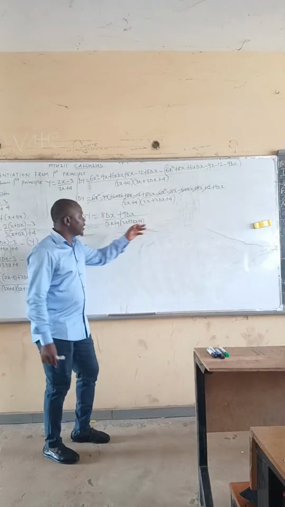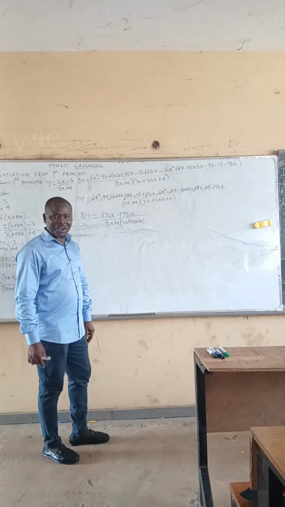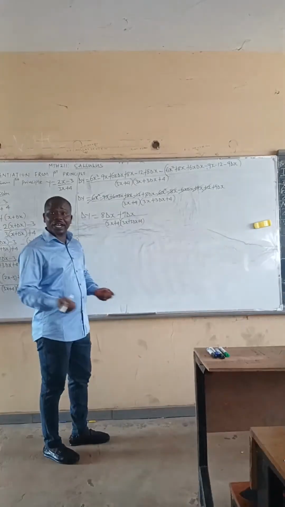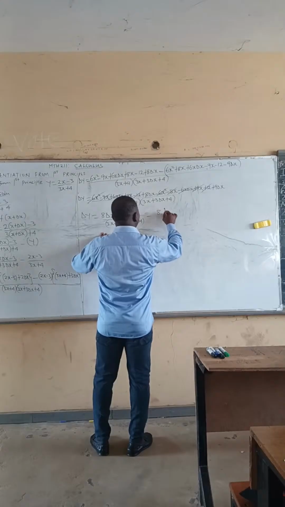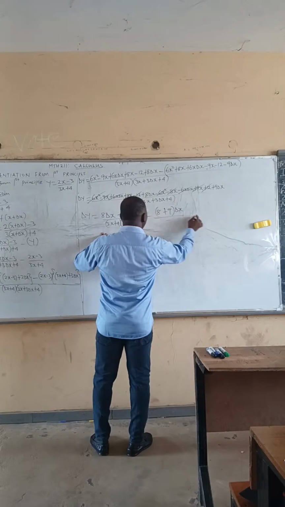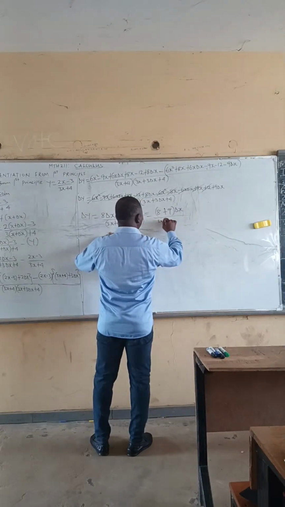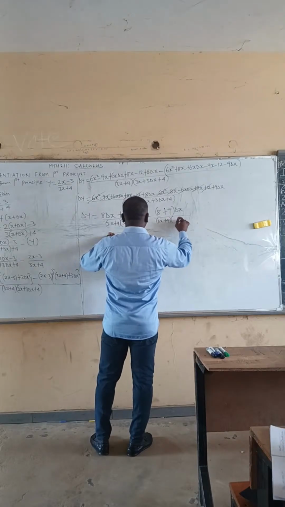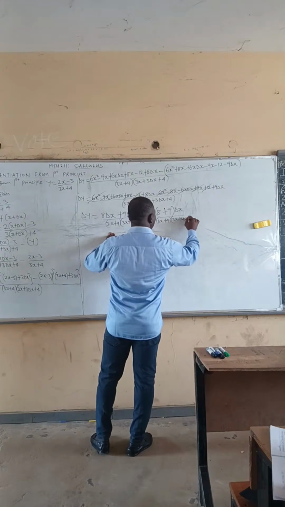I expect you to see this. The x is common. True or false? So we have to factor it out. (8 plus 9)dx, all over (3x plus 4)(3x plus 3dx plus 4).